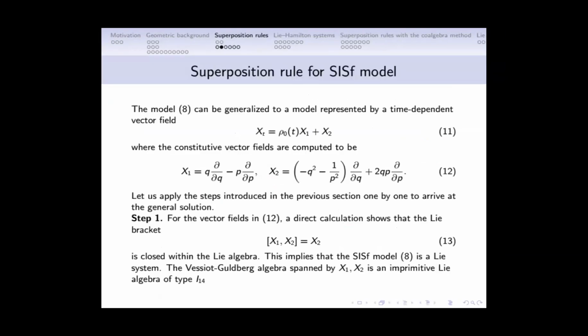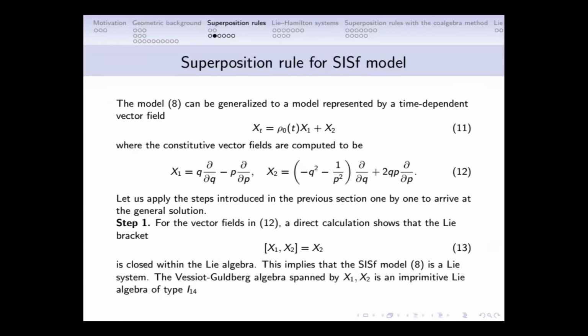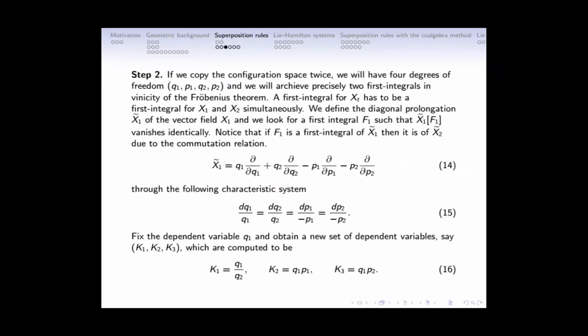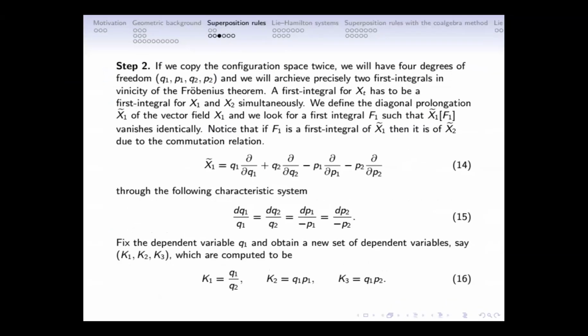So if we do it with the SIS model that I was showing you with the fluctuations, as we said, step one is to see that it's a Lie system, and it is, as we said. We have a closed finite dimensional Lie algebra, and it's E14, primitive number 14. So we have to go a step further, and you get to step 2. So now my base manifold has dimension 2. It's on the plane. It's 1 x and 1 p.